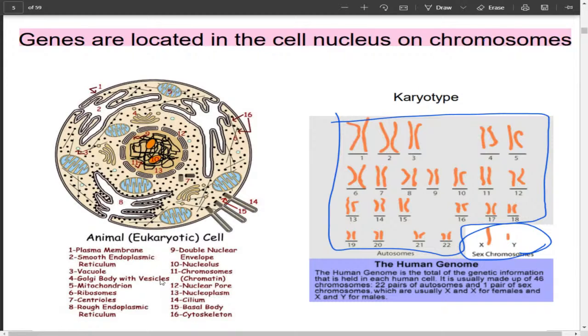Number 12, this was number 10, nucleolus, and number 12 here is the nuclear pore.